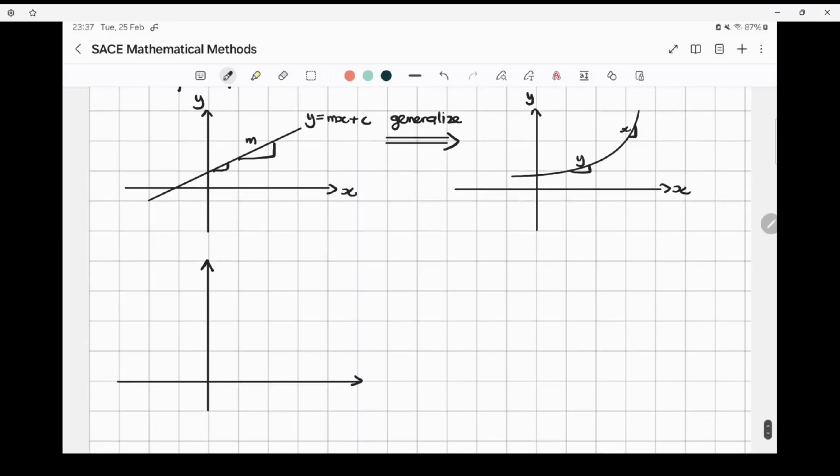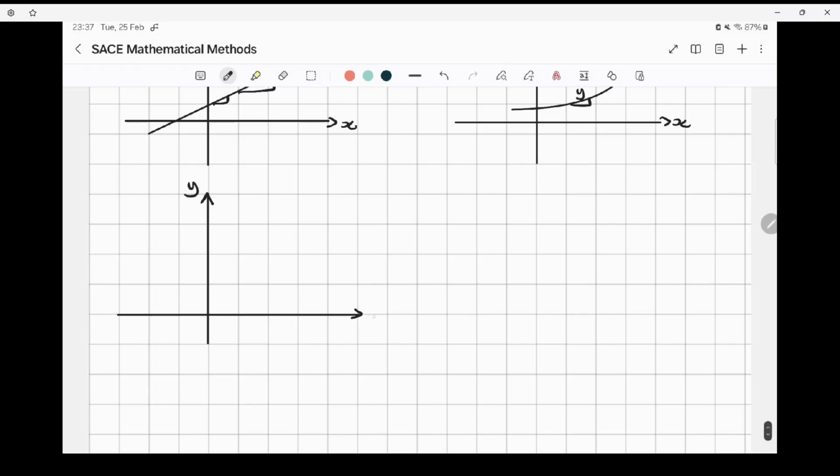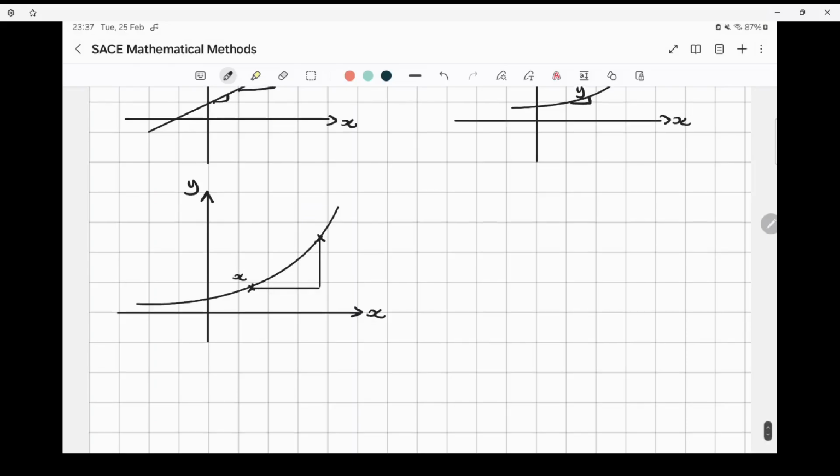All right, now let's look at the example closely. So let's say you have this curve. Essentially, the idea of first principle is that you try to define two points, or rather, you just try to define one point. So let's say this is point x. Perhaps it's better if I write the x, y.